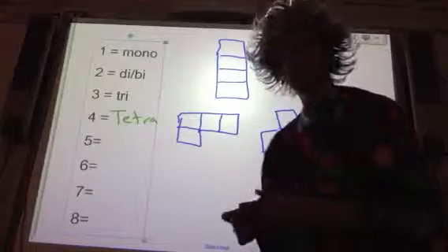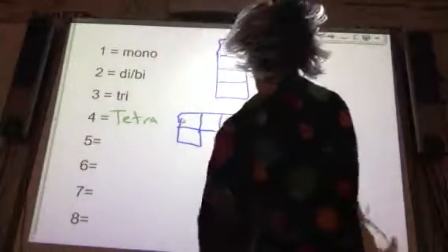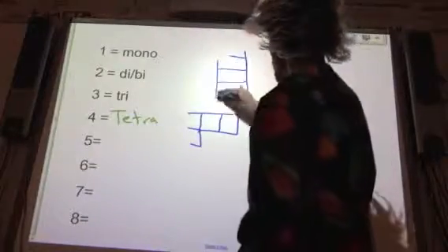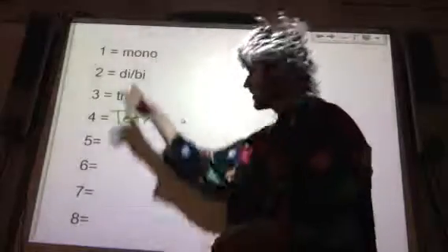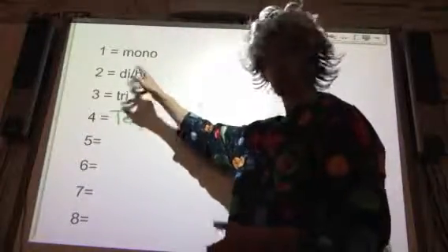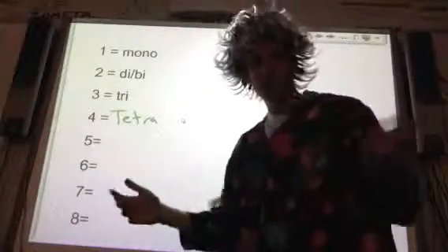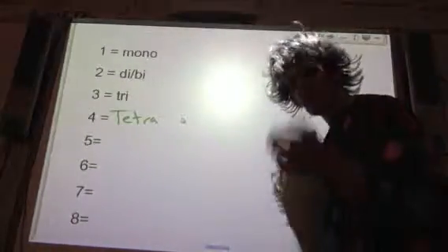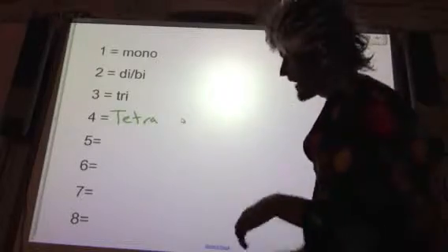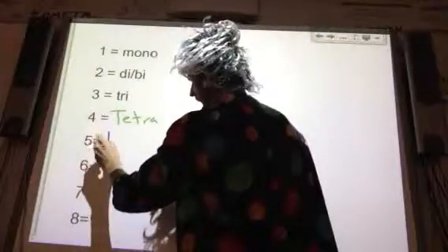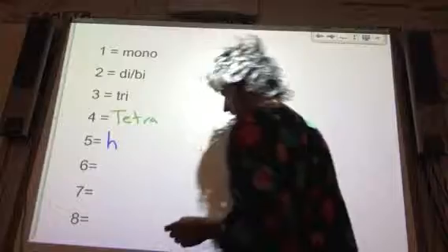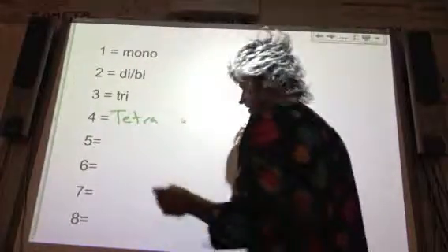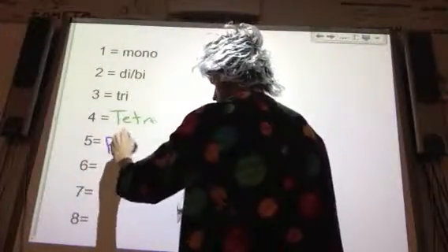So pretty stinking close. Alright? So, Tetris should make you remember something then. Mono, di or bi, it really depends. Doesn't matter too much. Then tetra. And really after that, it doesn't go much further, but the next one, sorry, I skipped one, is penta.